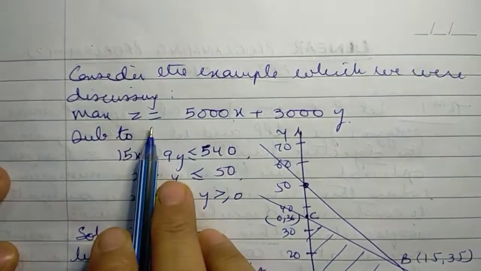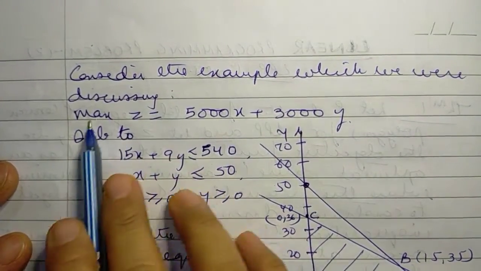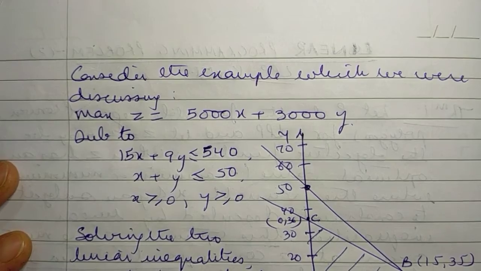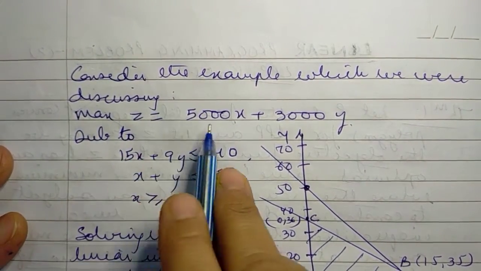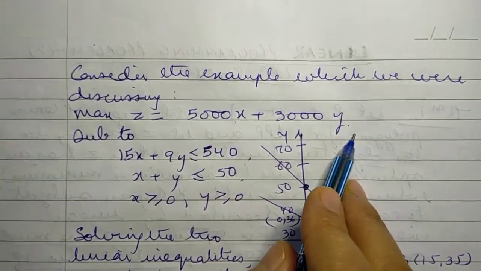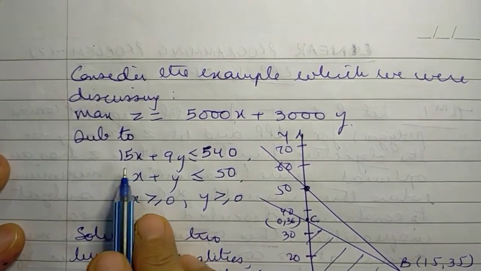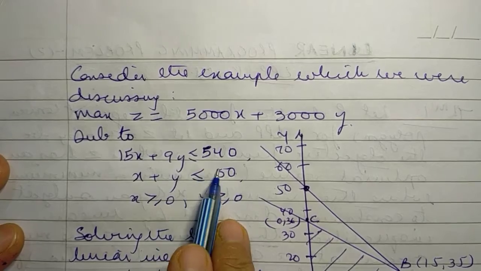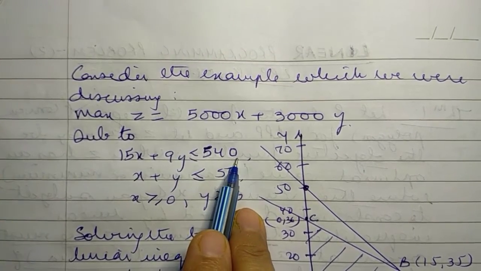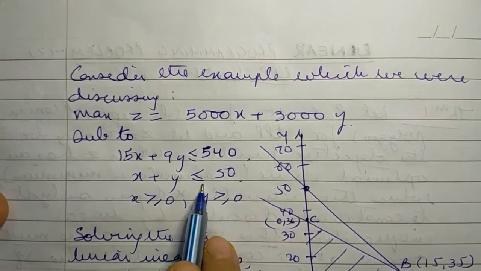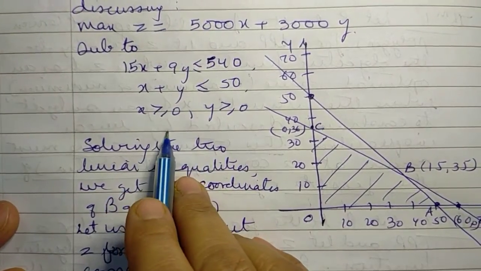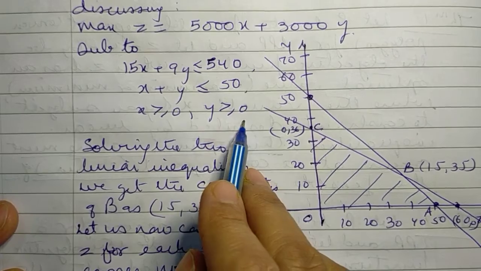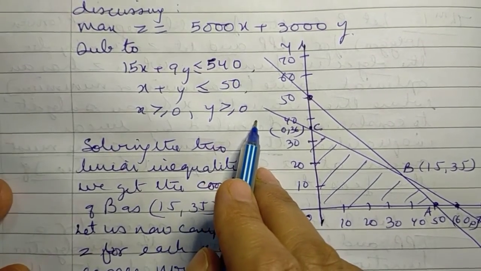Now consider the example which we were discussing. After formulating the LPP, we had come across the LPP as maximize Z = 5000x + 3000y, subject to the constraints 15x + 9y ≤ 540, which was the time constraint, x + y ≤ 50, which was the storage constraint, and x ≥ 0, y ≥ 0, the non-negativity constraint.